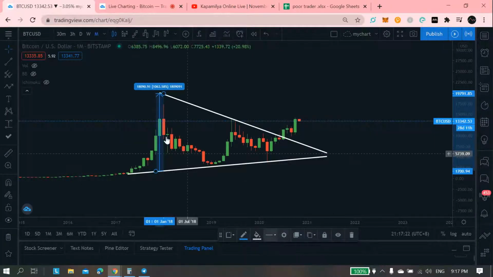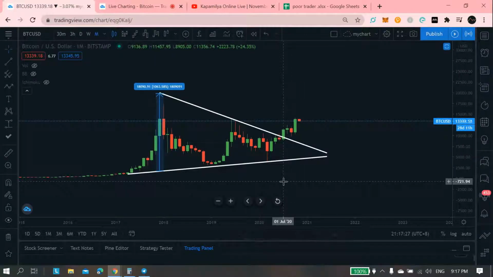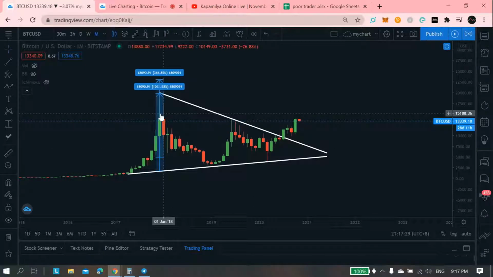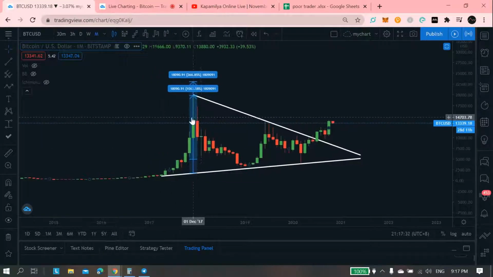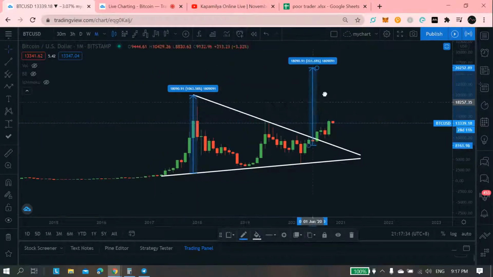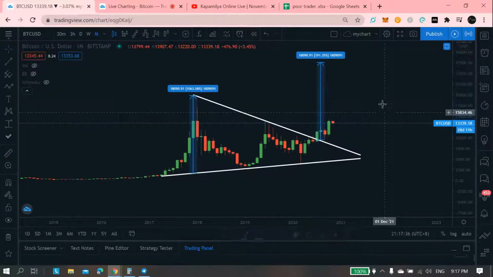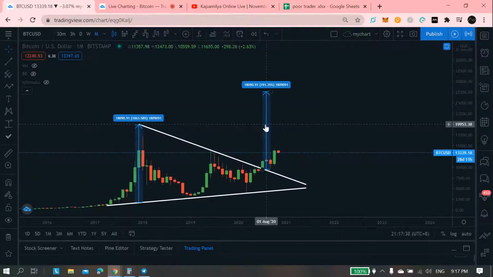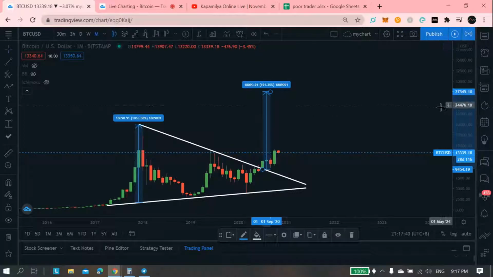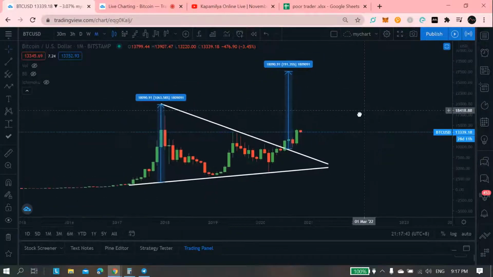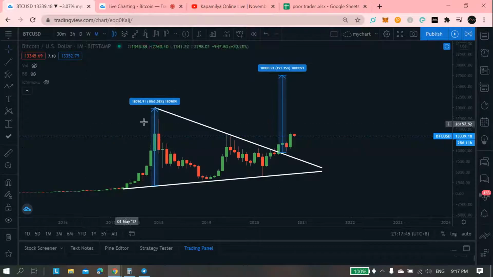So I'm targeting, let's copy this and Control V, I'm targeting around 27,500 area. So it traded within this triangle and then it broke at this area around the 9,800 level.